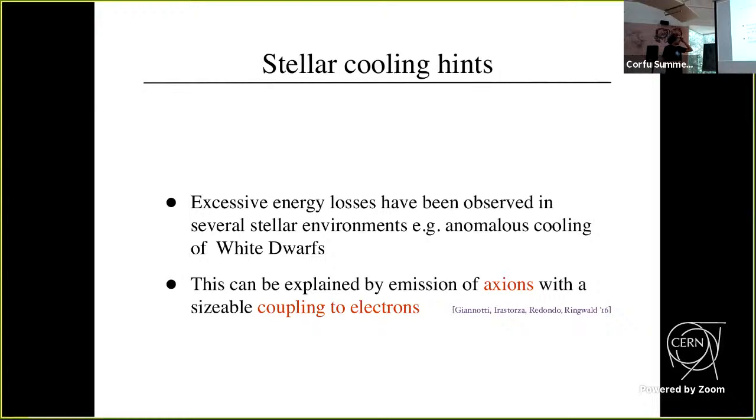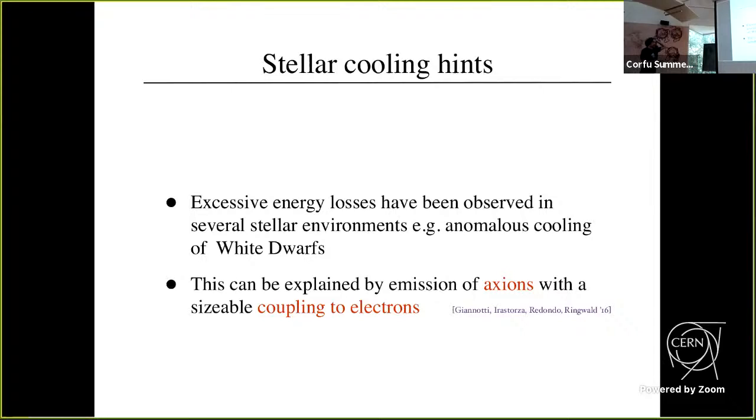Okay, so in fact, the stellar cooling anomaly is not a new story. It has been observed in several stellar environments, like white dwarfs, red giants, and horizontal branch stars of globular clusters: excessive energy losses compared to standard stellar cooling models.